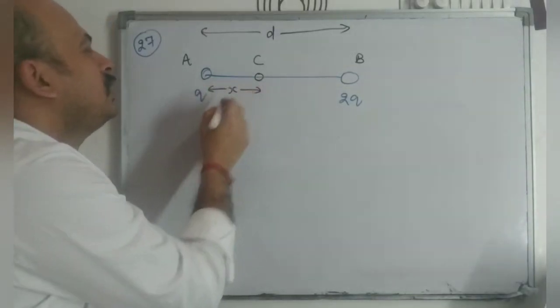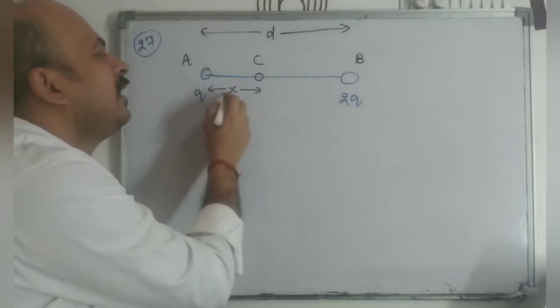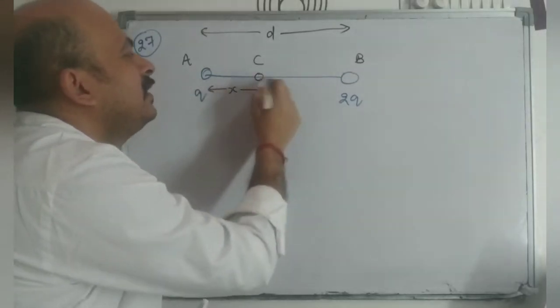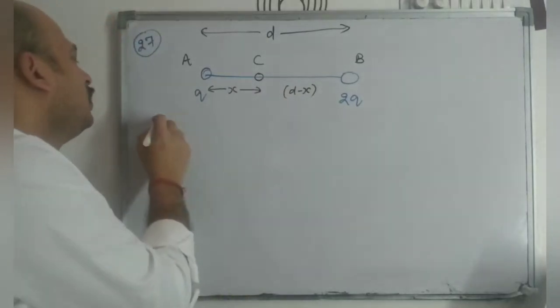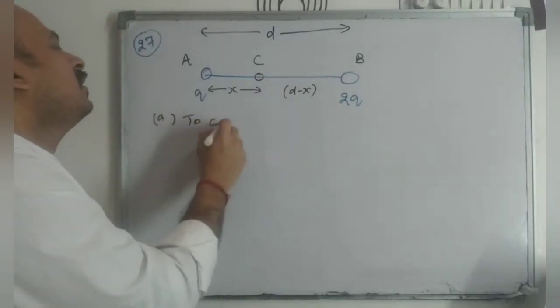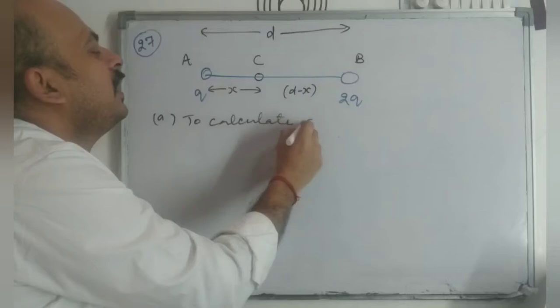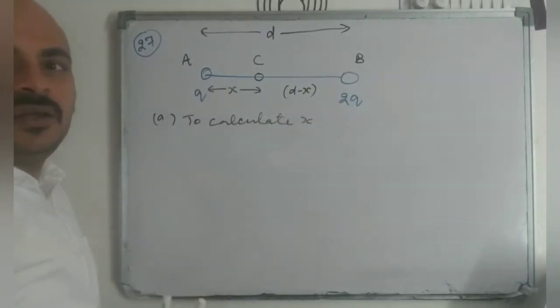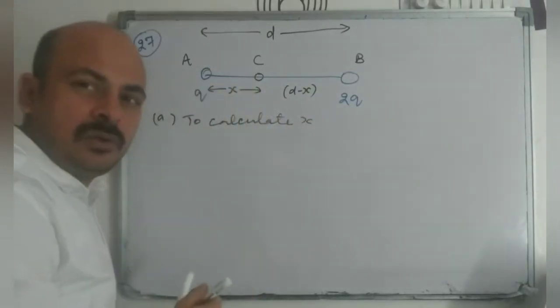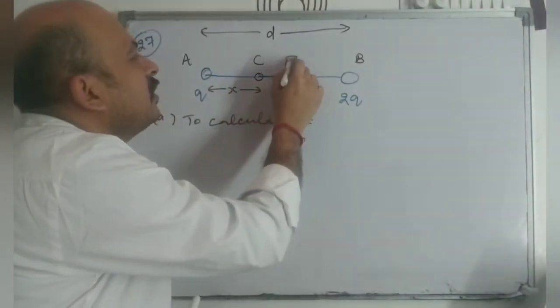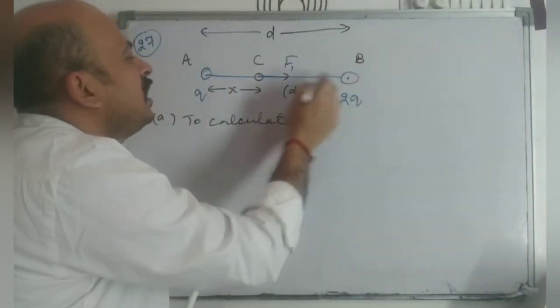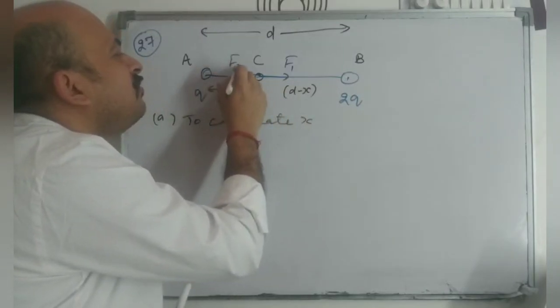So to calculate the position, that value x, if it is x, then this distance will be d minus x. So number 1, to calculate x, we should check the net force on C will be equal to 0. Due to this positive charge, it is acting away, say F1. Due to this charge, it is directing away on this side, F2.